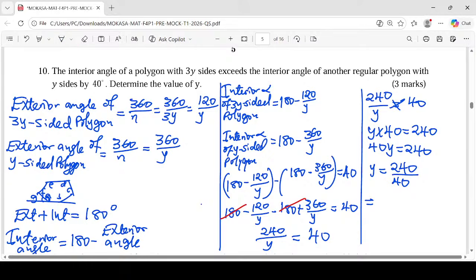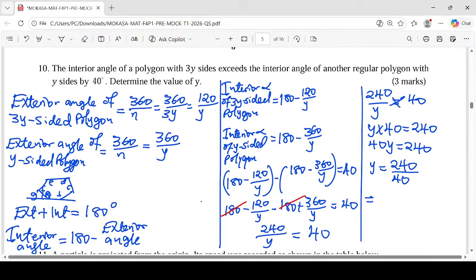This is going to give you y being equivalent to 6. That will mean that y is equivalent to 6 sides. You can see how I've arranged my work. Very, very interesting question here.